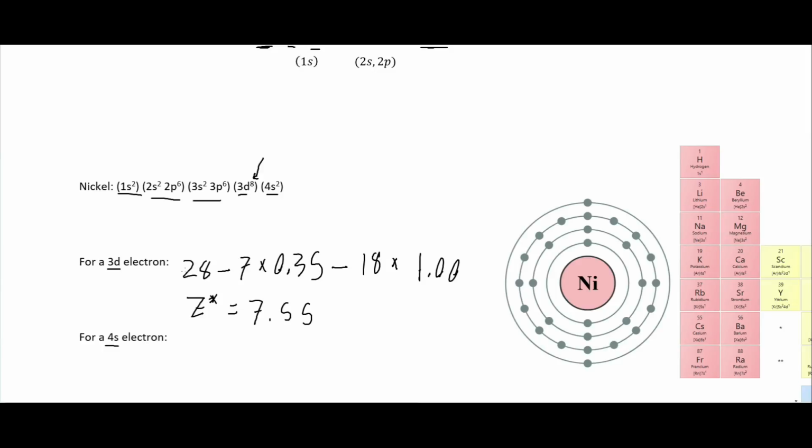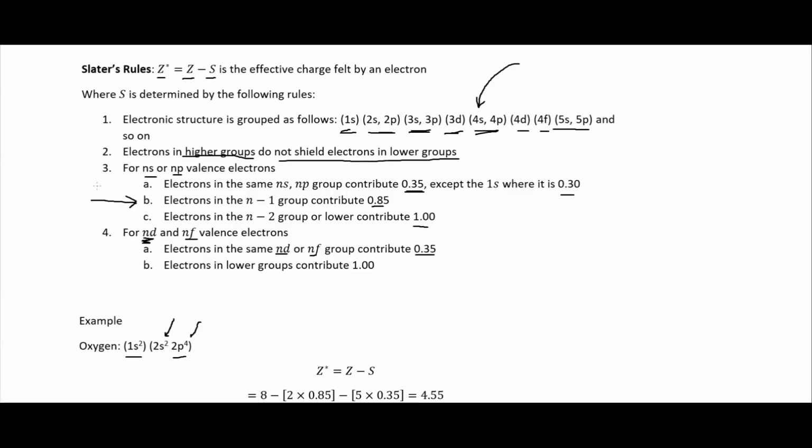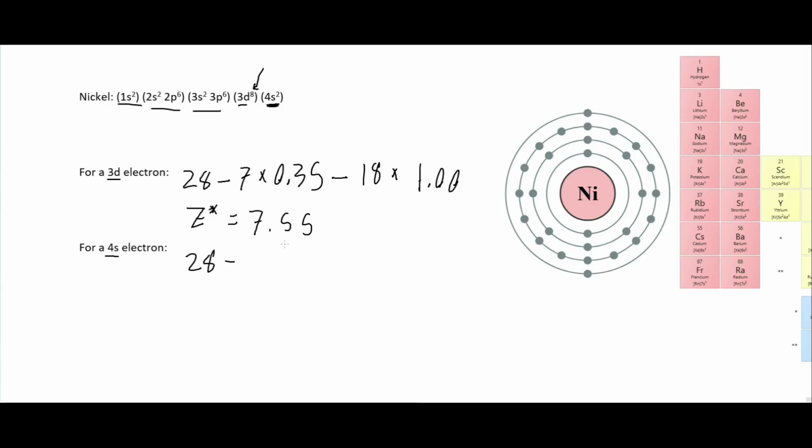Then if we want to look at a 4s electron, that's actually another group higher up. We still have our 28 protons, but now we're looking at s electrons, so we look at rule 3 up here. For rule 3a, electrons in the same s orbital have 0.35. This has 2 electrons in the 4s orbital, and we're only looking at one other one, so it'll just be 1 times 0.35.